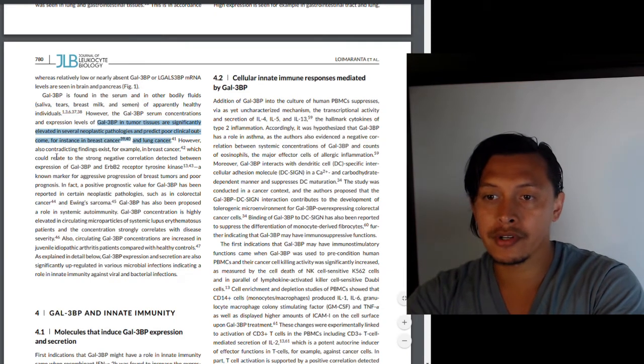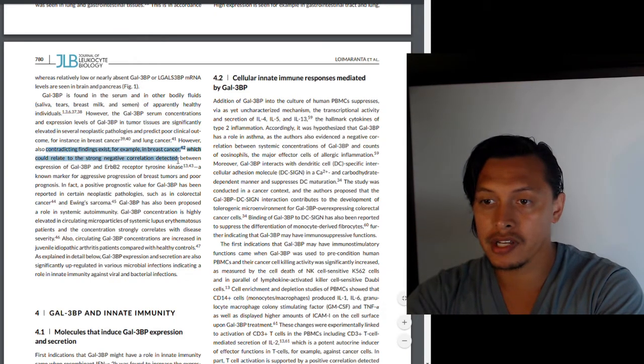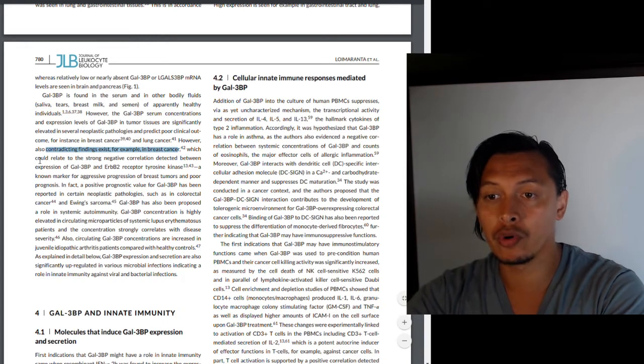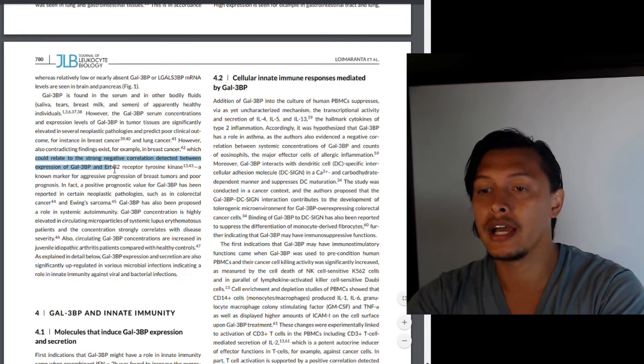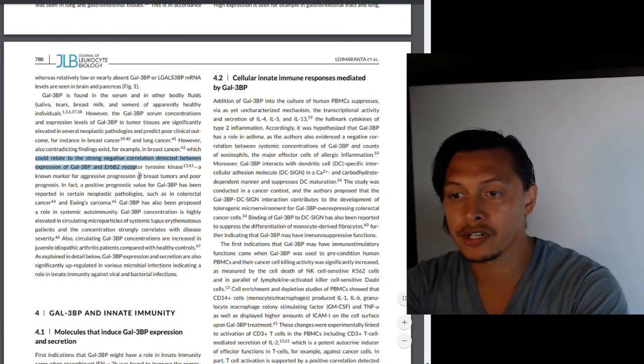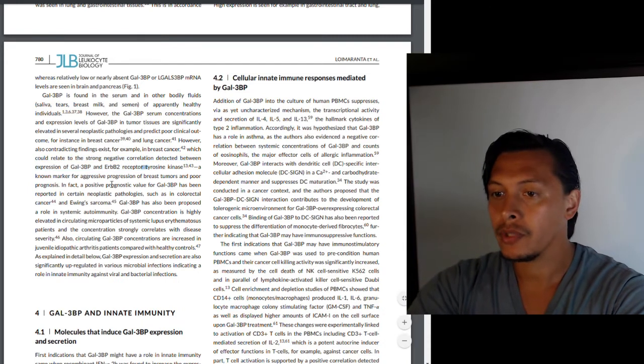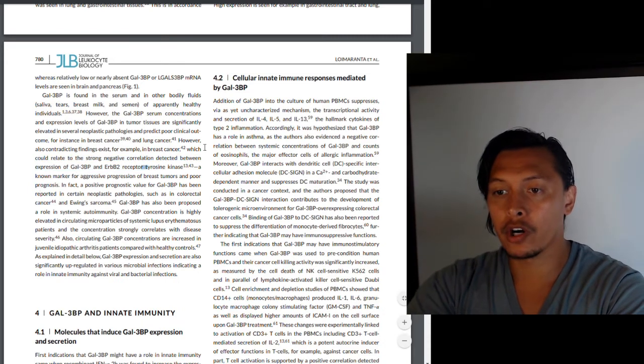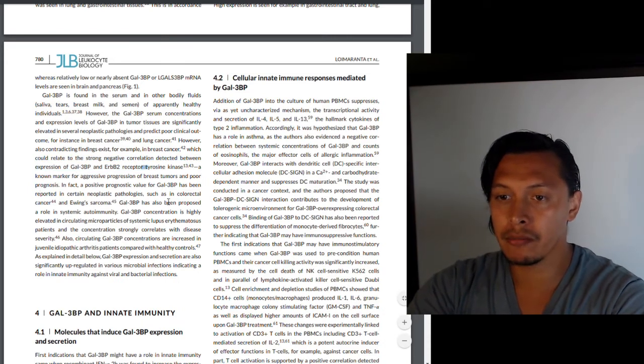However, contradicting findings also exist, for example, in breast cancer, which could relate to the strong negative correlation detected between expression of Galectin-3 binding protein and ERB2 receptor tyrosine kinase, a known marker for aggressive progression of breast tumors and poor prognosis.